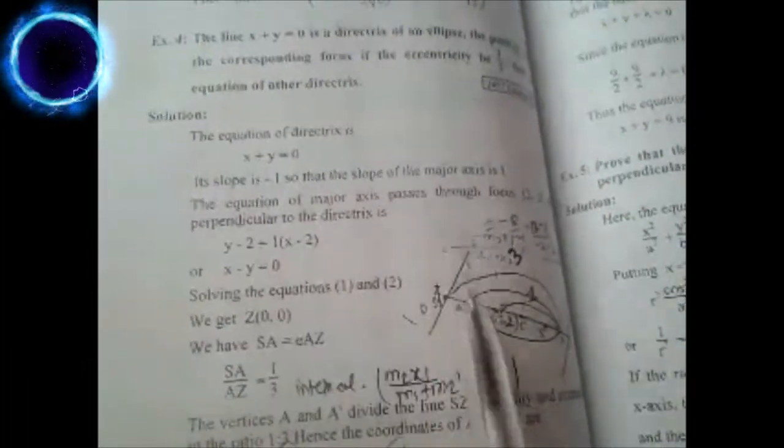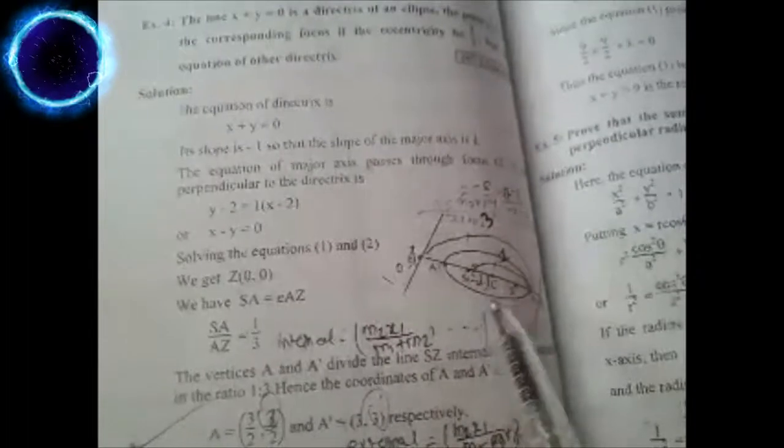For the equation of the directrix, the slope is -1, you can calculate, and the major axis is perpendicular to this, so its slope is 1. Now slope given, point given, we can find the equation of this major axis.